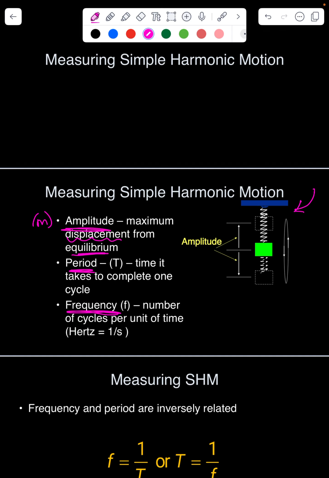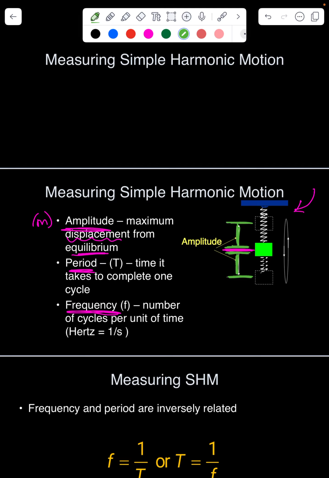On this mass on a spring system, the equilibrium is right there. If I were to ask you to measure or show me the amplitude, you would measure from this point to that equilibrium position, or from this point to that equilibrium position. Either one of those is the amplitude.